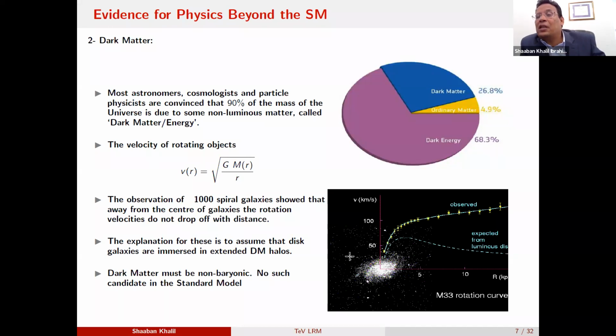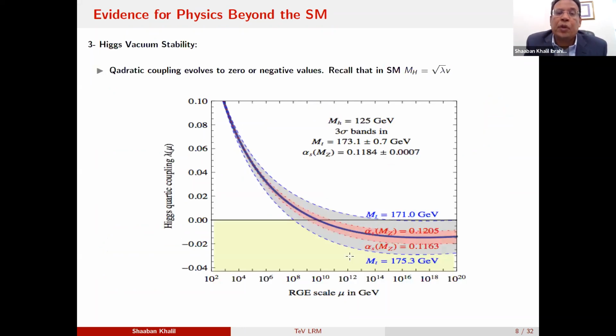However, unfortunately, because this is a relativistic particle, it's very tiny, very fast, moving with a velocity close to light, it cannot really be used to explain the dark matter with the large scale structure of our universe. So it has to be rather non-relativistic, what we call cold dark matter. And no particle in the standard model can explain this dark matter.